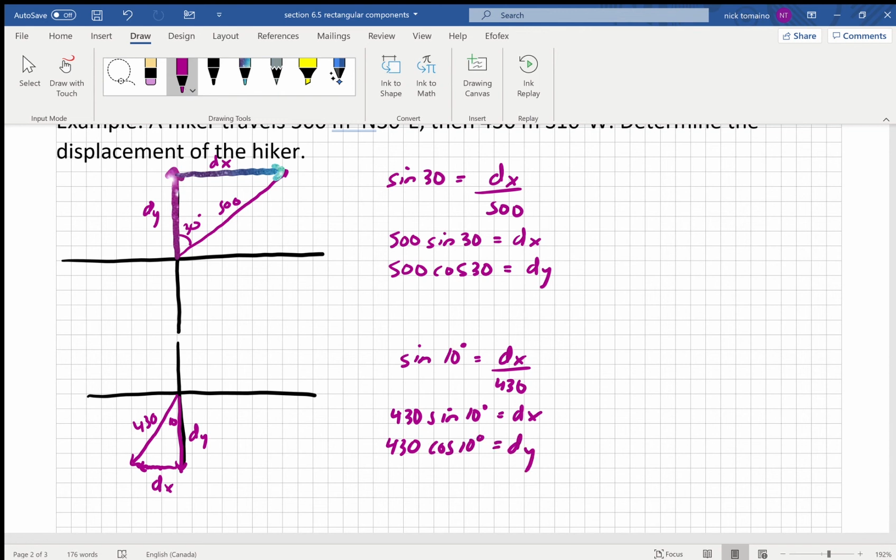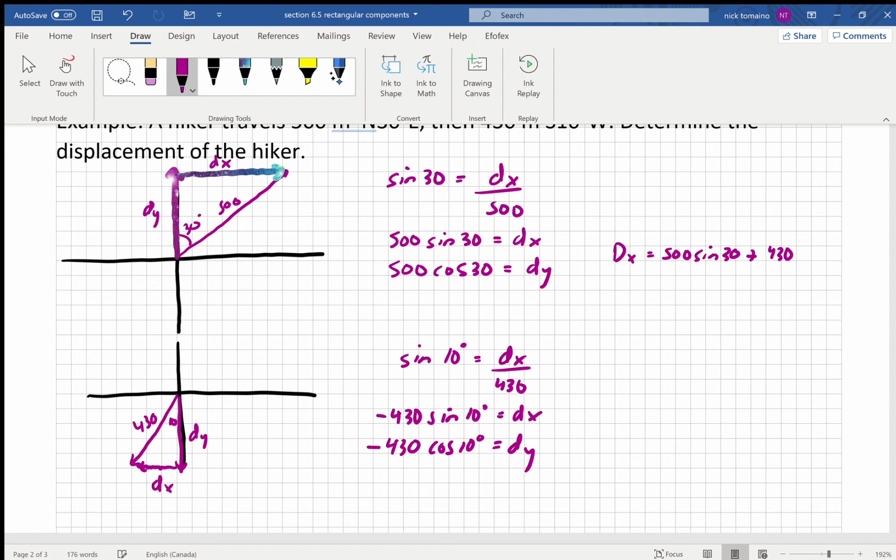All right, now to get the total distance, all we do is we add our distance in the x and our distance in the y. So our final distance in the x is going to be, and I'll figure this out to the nearest like 100, sine 30 plus 430, or sorry, it's actually, these are both negative, right? Because it's in the negative direction.